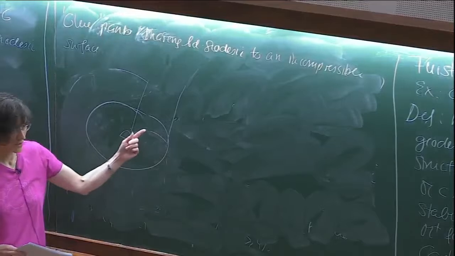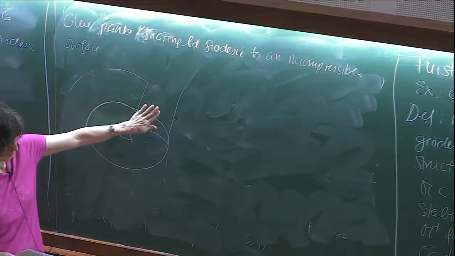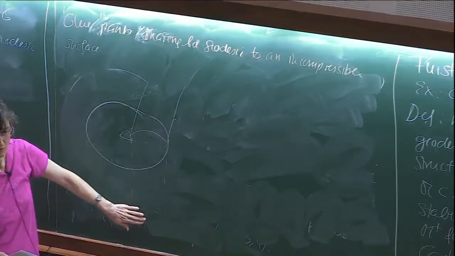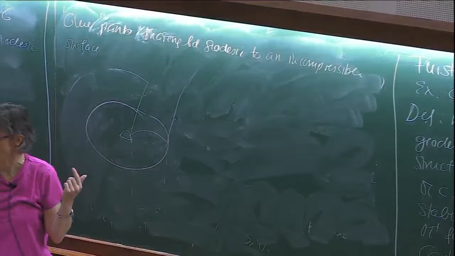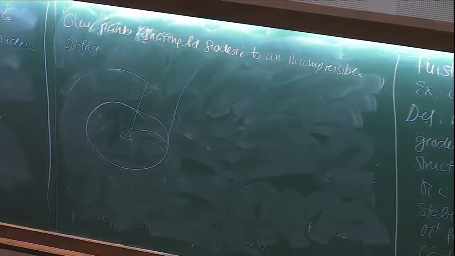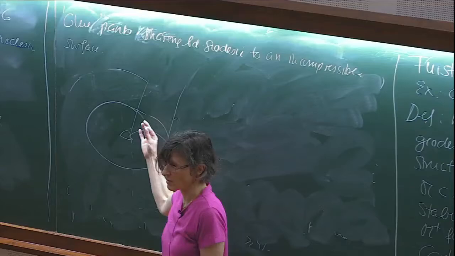But what I can do is, instead of gluing this piece of the pair of pants, hyperbolic, Z1, I go around the torus 10 million times. This amounts to a partial conjugation. So let us assume that I already have here a surface where the only boundary component is this one, and I have another surface where the only boundary component is that one, and I want to make sure that what I glue up is incompressible.